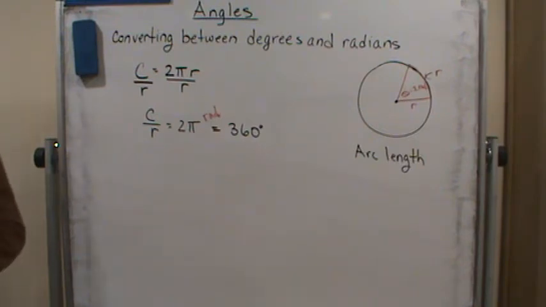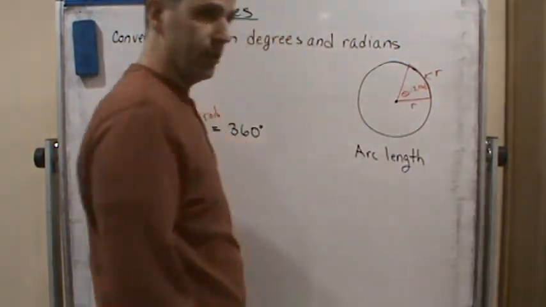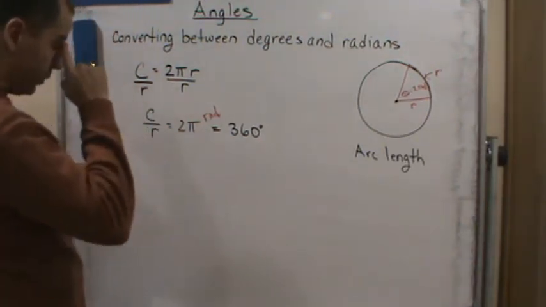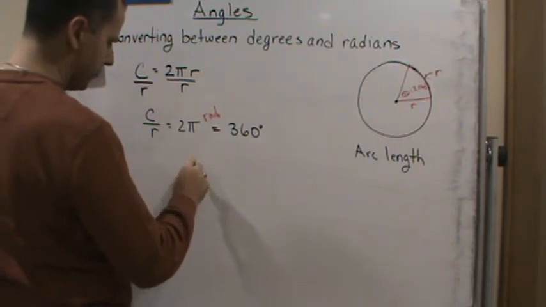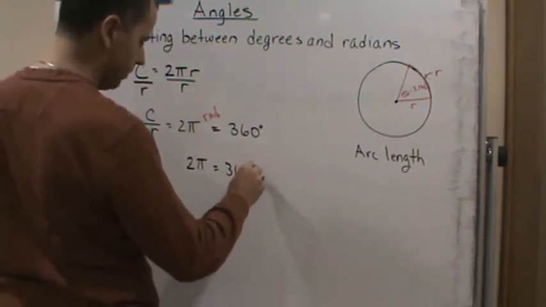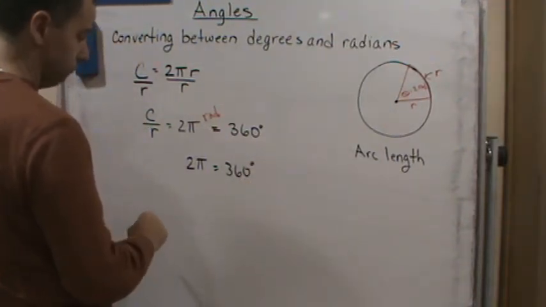Okay, so far so good. Now, what is the measurement of 1 radian? What if I want to measure this in degrees? How do we do this? 2 pi radians equals 360 degrees. What if I divide both sides by 2 pi?